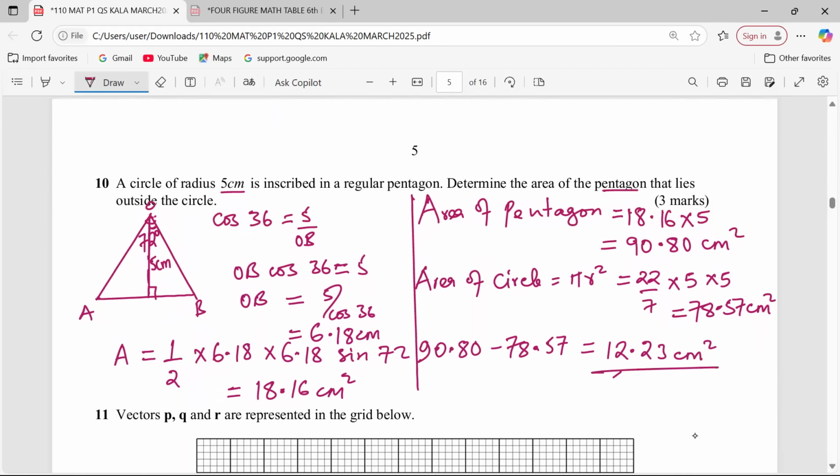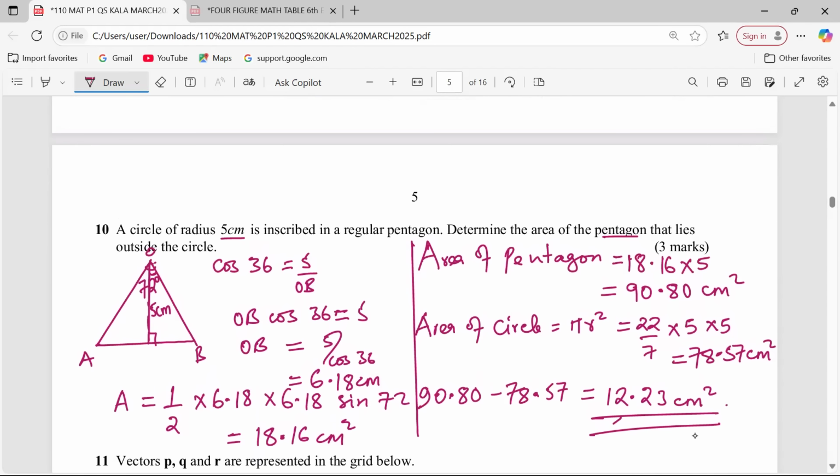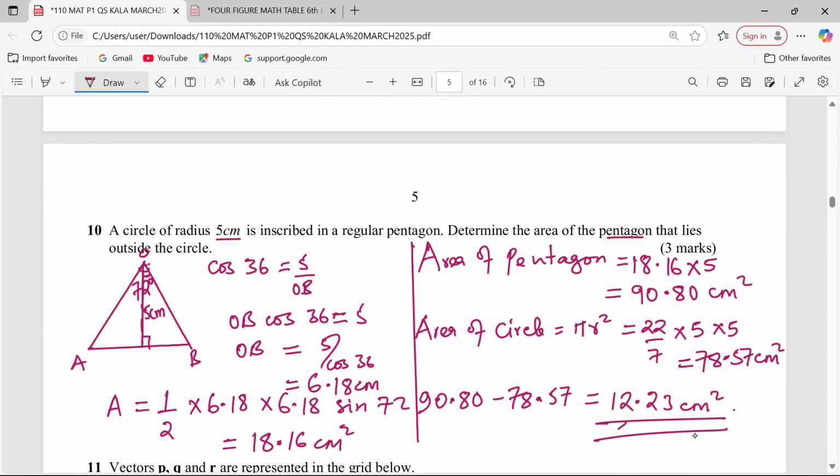square centimeters. So you really had to think in this particular question. You really had to reason out for you to understand what the examiner is looking for you to follow through until you find the right answers. So it's a very good question, yet it requires a thinking student.